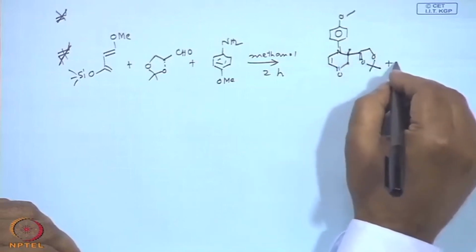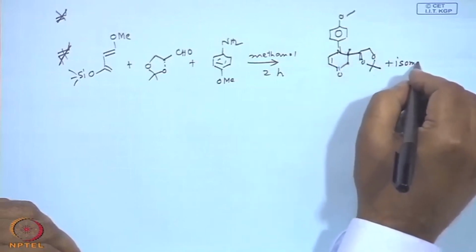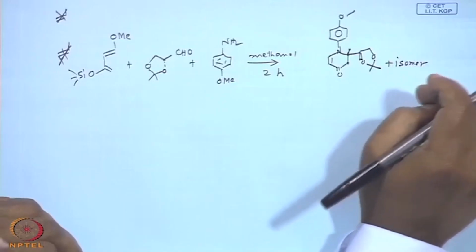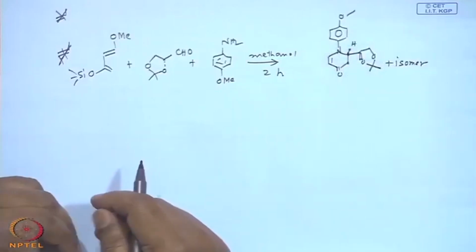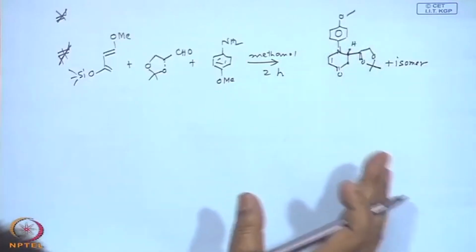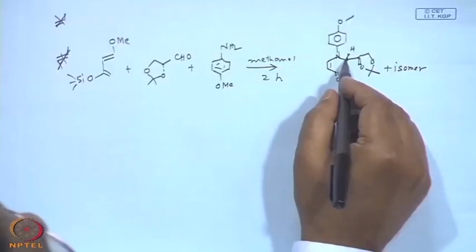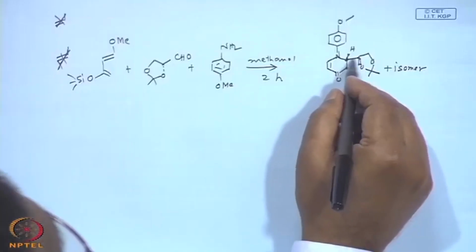The other isomer also has been formed, but that is not the major one, and that ratio is somewhat unpredictable. But just if you have a component of this kind, you can very easily make these simple reactions. That means you have a nice formulation, and you can generate stereochemistry at two different centers.